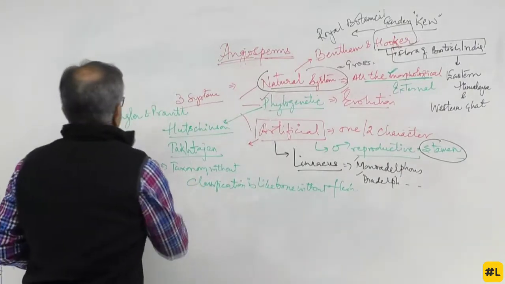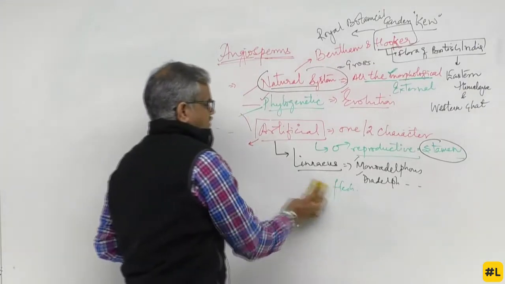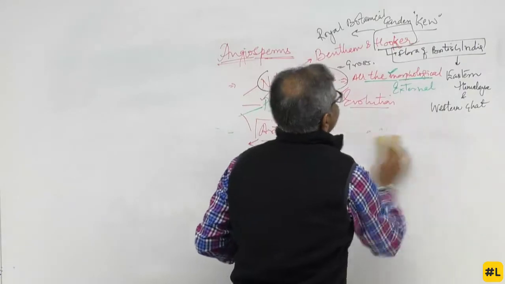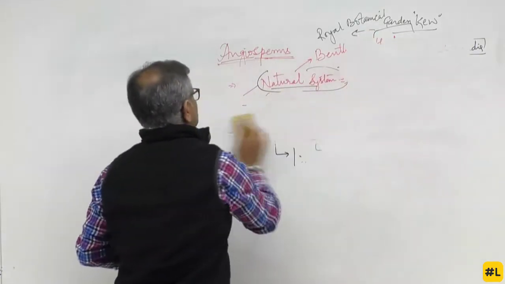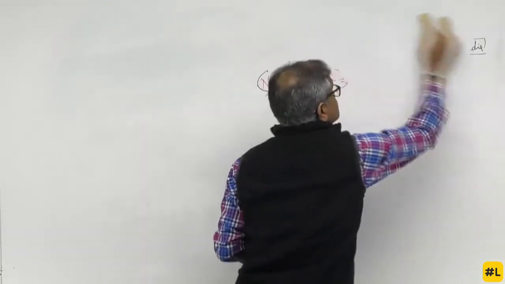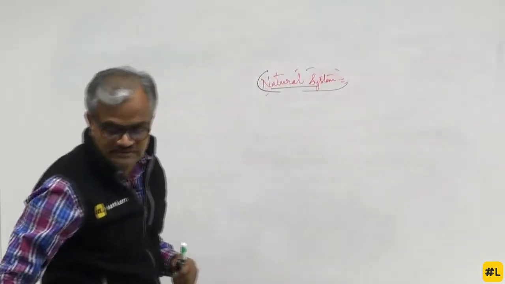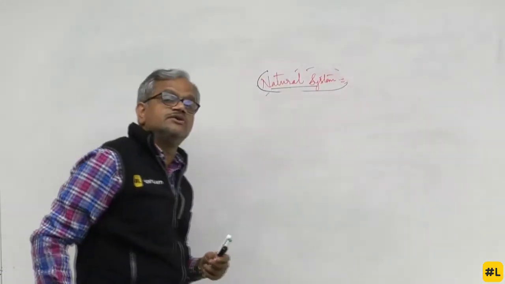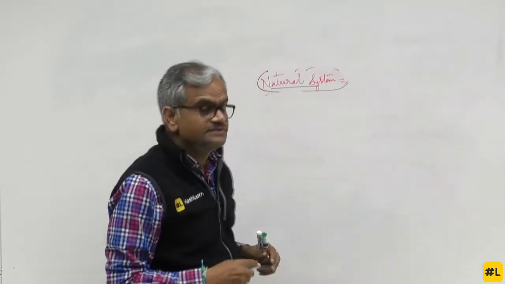So, moving from Linnaeus to Bentham and Hooker, the natural system of classification banks upon certain things, and they have made different classes. As I told you: keep pot clean or family gets sick, kingdom, phylum, class, order, family, genus, species.